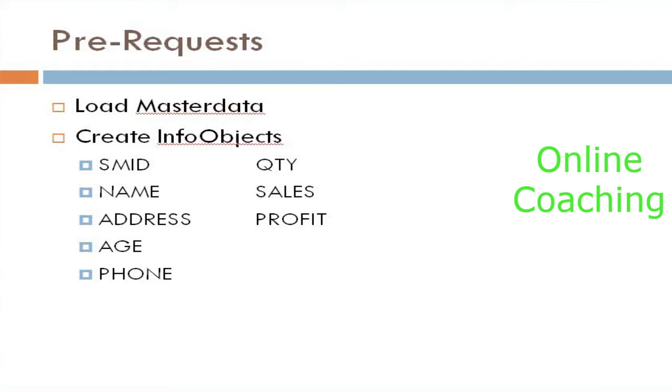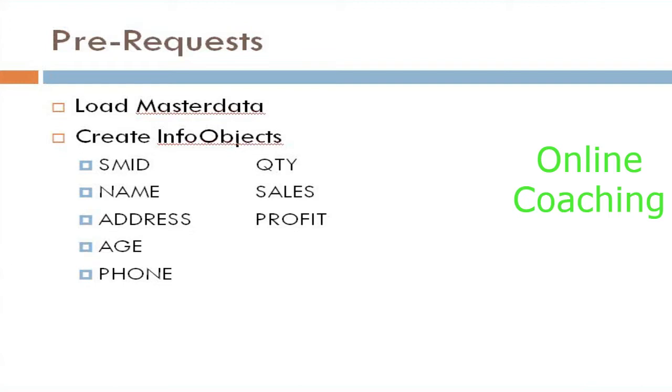From there we connect, on top of the InfoQueue, a multi-provider. This is a real-time data flow: write optimized DSO, to standard DSO, to InfoQueue, then on top of all the data targets, the multi-provider. Most of the time from InfoQueue to multi-provider. From there I will go for reporting.